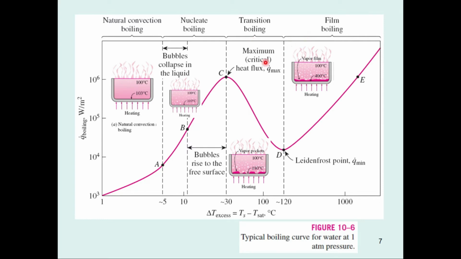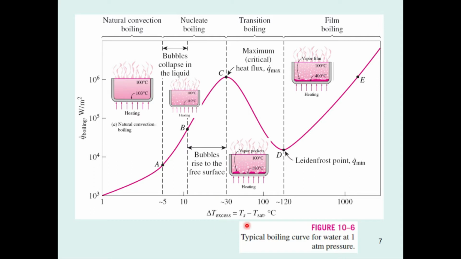These are the same pictures that I presented in the previous slide. This is one regime, this is the second regime, nucleate boiling, this is the third, transition boiling, and this is the film boiling. So let us try to understand this boiling curve.